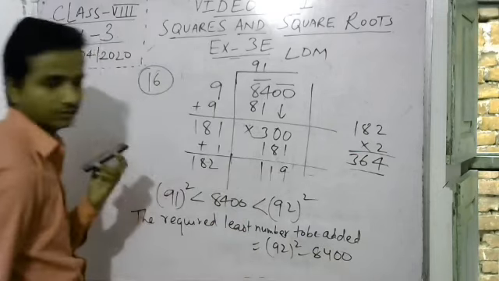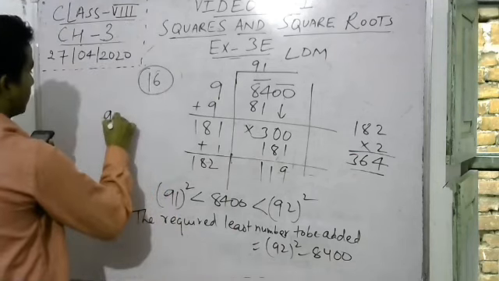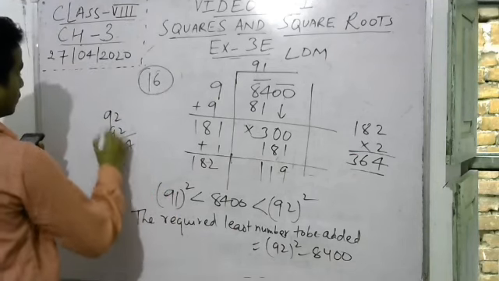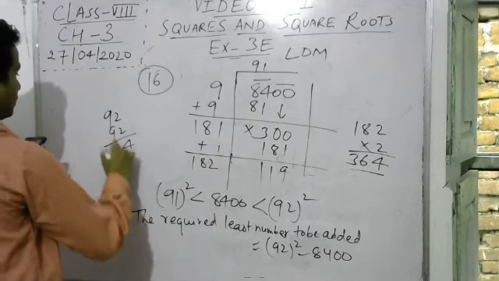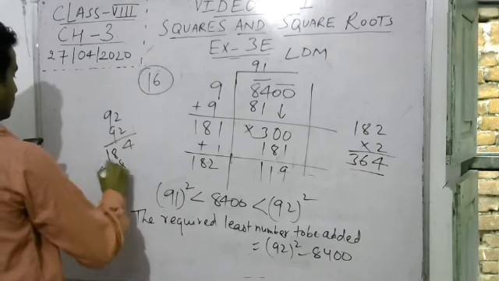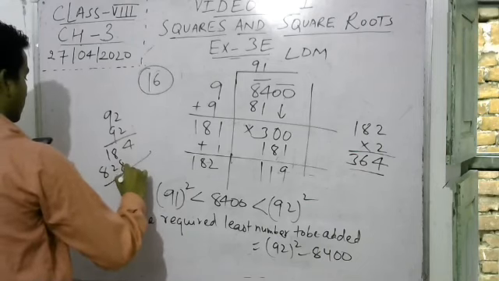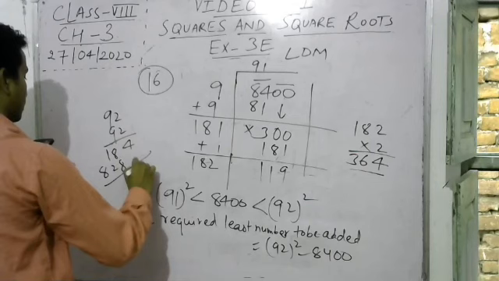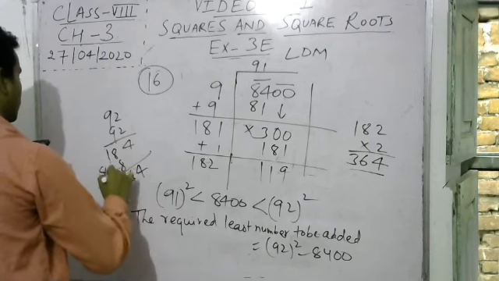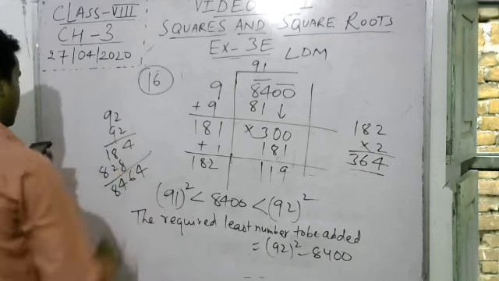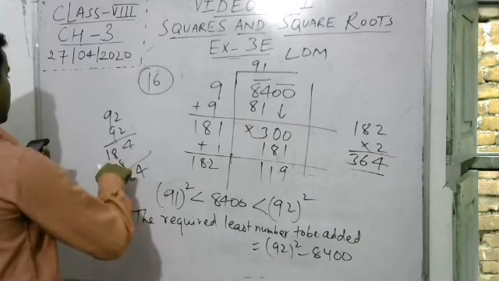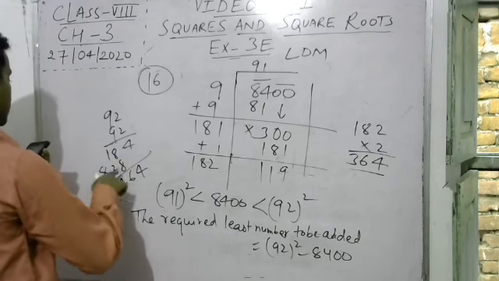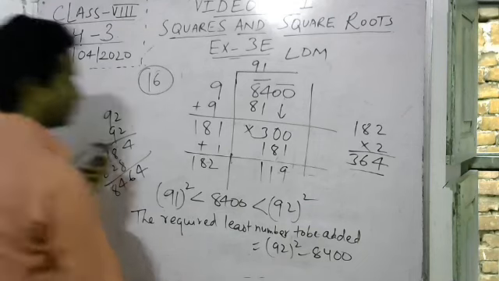You have to subtract it. 92 square is 92 into 92. 2 2s are 4, 2 9s are 18, 9 2s are 18, 9 9s are 81. Adding up, 8464 we are getting.